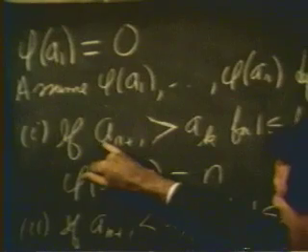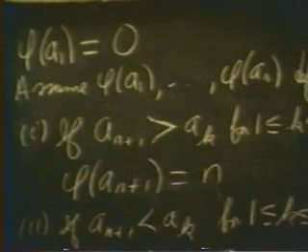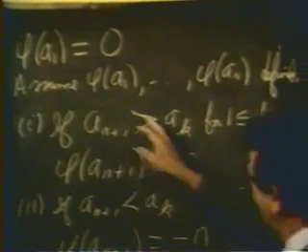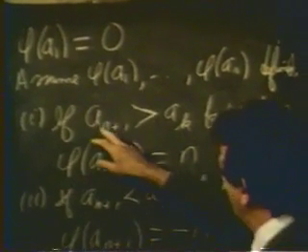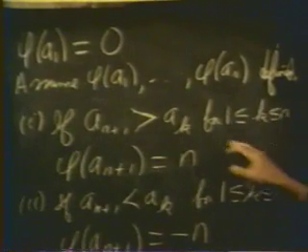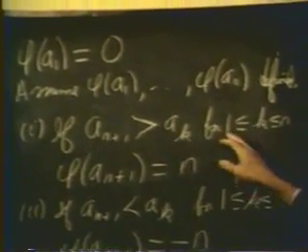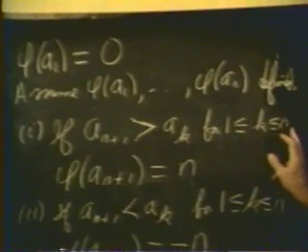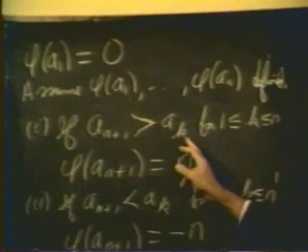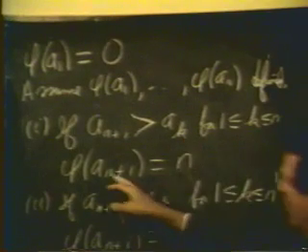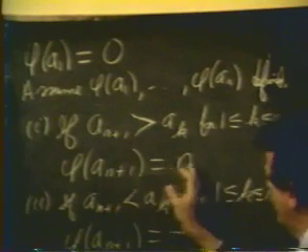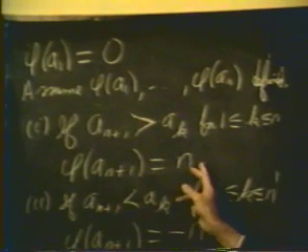First, we have a very easy situation if for all k with 1 equal to or less than k equal to or less than n, we have that a sub n plus 1 is greater in the ordering than a sub k. We simply assign a sub n plus 1 the number n, as shown here.